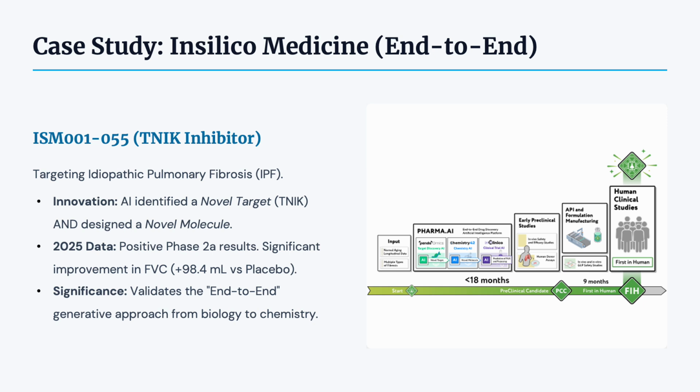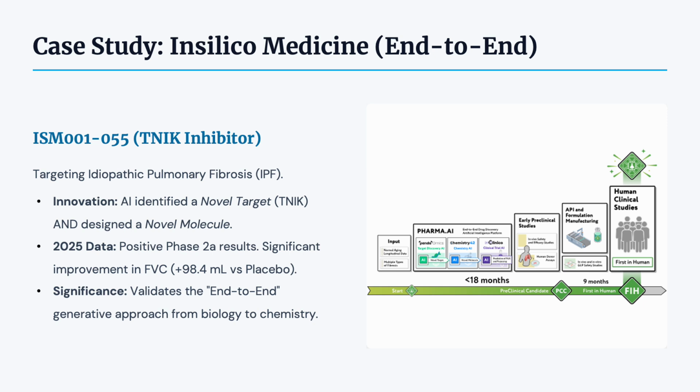Let's look at the biggest success story in silicon medicine. They utilize an end-to-end platform called Pharma.AI. Their lead asset, ISM001-055, targets idiopathic pulmonary fibrosis.